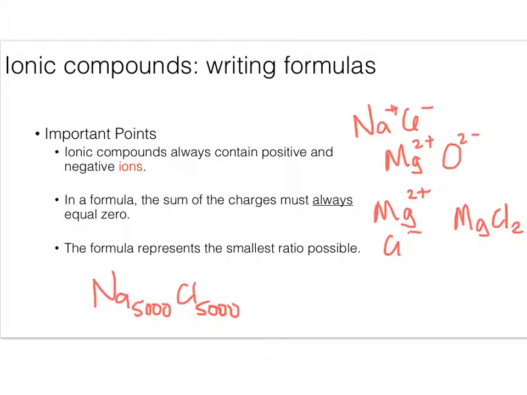No, we're going to represent this molecule with the smallest ratio possible. The smallest ratio still gives us all the information, has a balanced sum of charges, and uses positive and negative ions. So, of course, in this case, we're going to represent this as 1 sodium and 1 chloride.